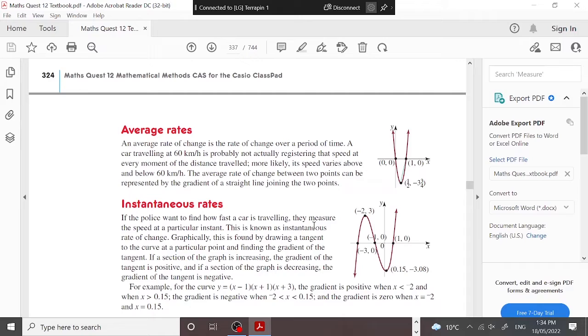The way we would do that is by drawing a tangent to the curve at that point, a tangent being a line that just touches a curve in that one spot only. And so the gradient of the tangent would be the gradient of the curve at the point where it is a tangent to it.